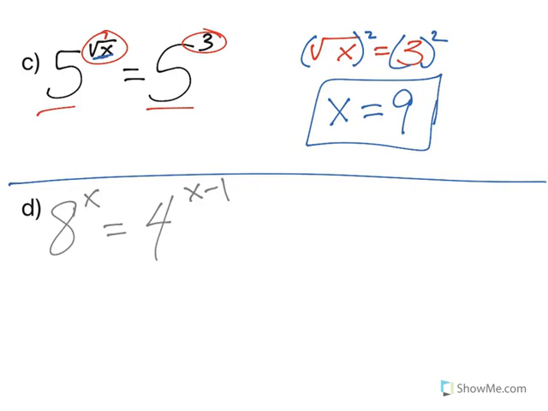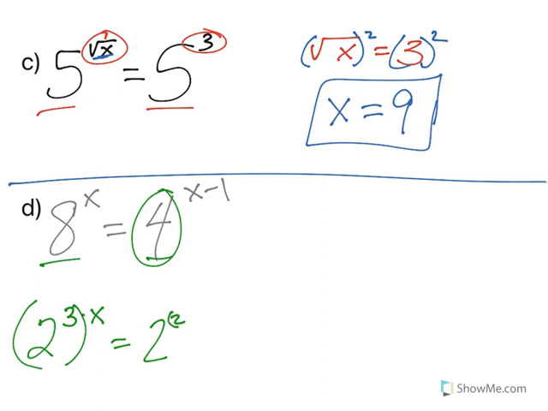And the last one, this is called a challenge problem. I wanted this to be a little bit trickier. 8 and 4. Oh dear, these are not the same. But in my head, I know that 8 is the same as 2 to the 3rd. So I have 2 to the 3rd times x. 4 is the same as 2 squared times x minus 1.